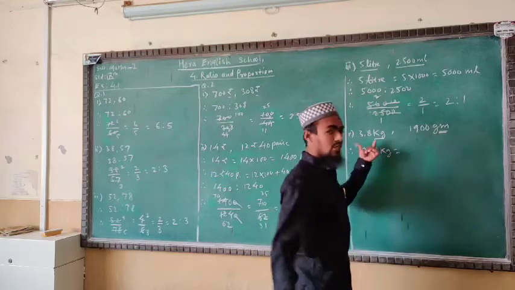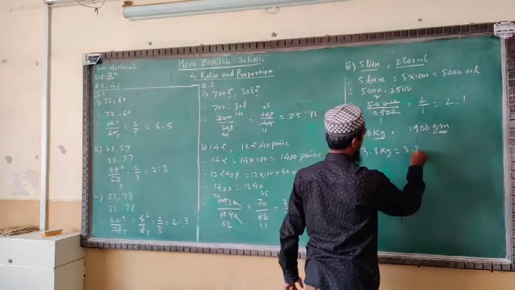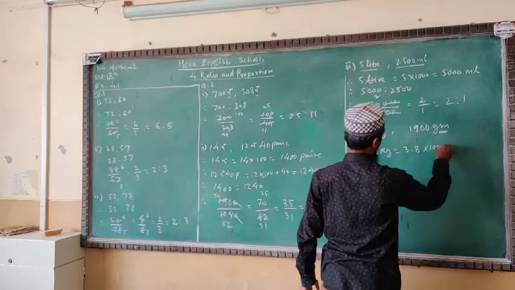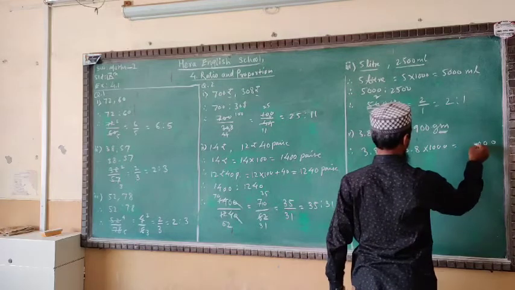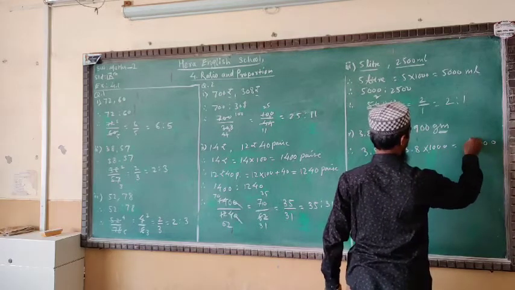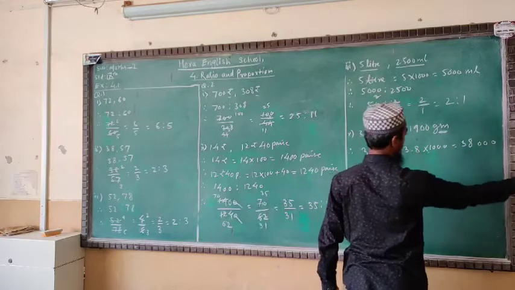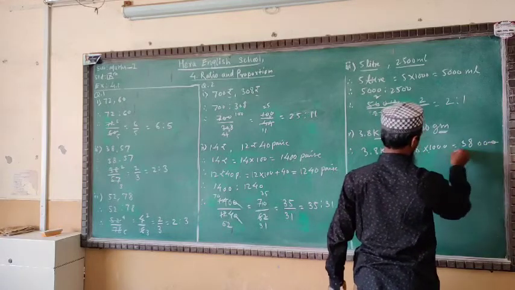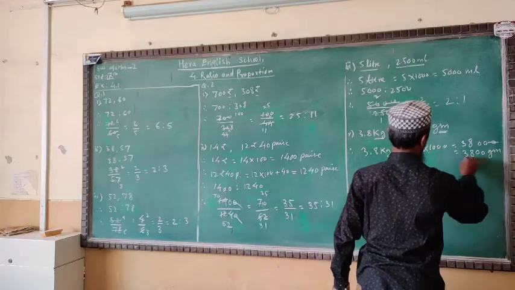You know very well, in 1 kg there are 1000 grams, so 3.8 kg multiplied by 1000, take the 0 0 as it is and 38, then we'll take the decimal after one number from the unit place, cancel it, you will get 3800 gram. It is converted.